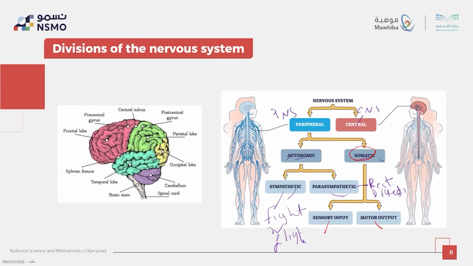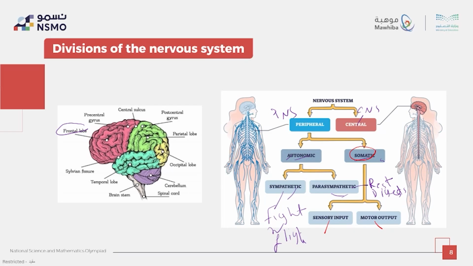Now let's talk about the image on the left. It highlights the regions of the brain that belong to the central nervous system, and each region has a specific function. The first one is the frontal lobe. It's for decision making and thinking.